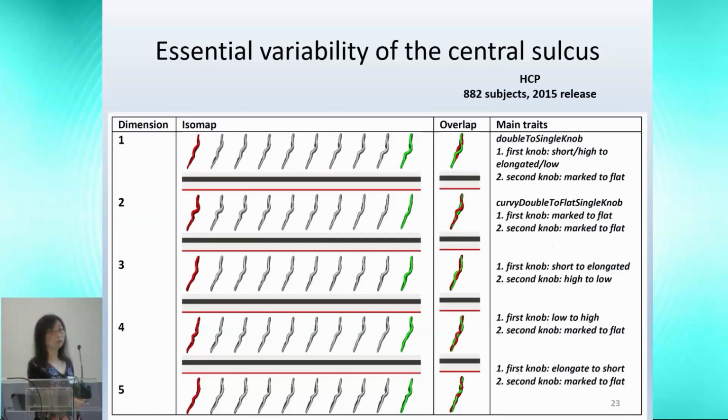So the first line again is the second knob, single knob trait. And then if you look at the second line, we also see that one side is more curvy, the other side is more flat. And the third again, so we can actually look at the real shape to see why and how they differ.